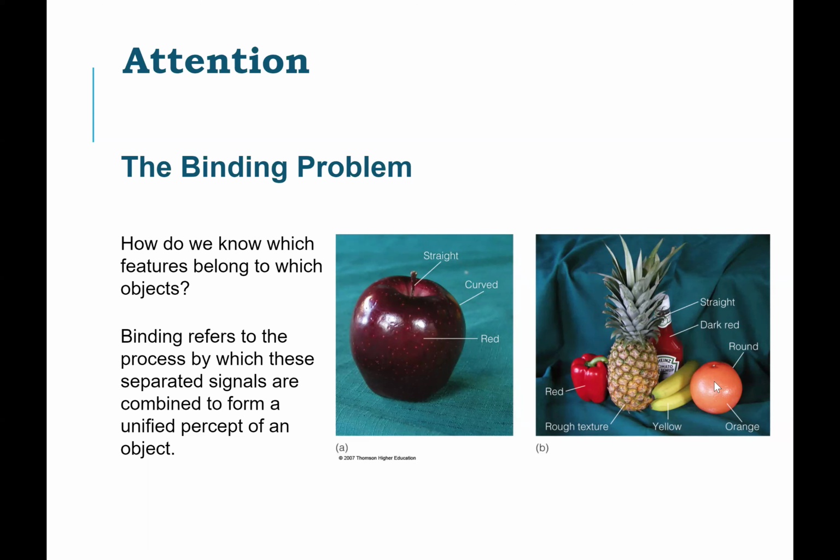Now, the problem on the right side is that those cells don't have only one object in their receptive field. When you go highest in the hierarchy, you'll have multiple objects in the receptive field, so they cannot give you a coherent response that could be interpreted as an object.